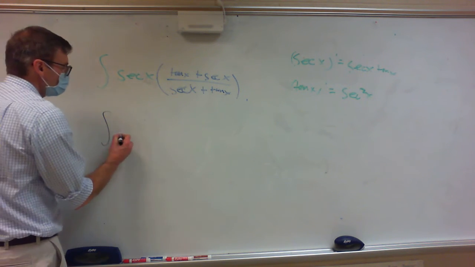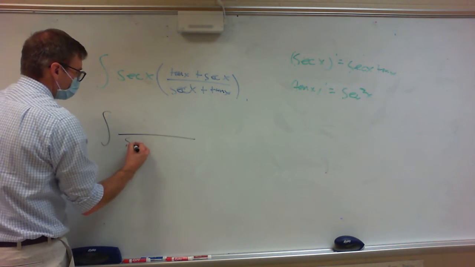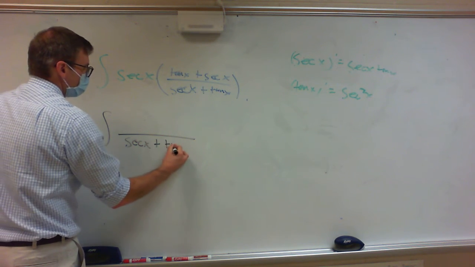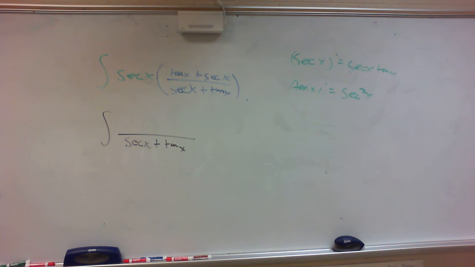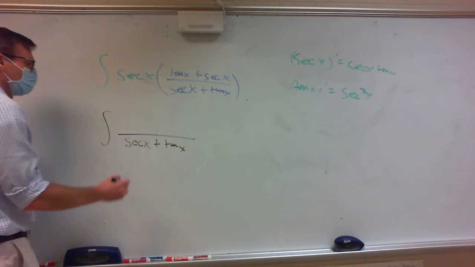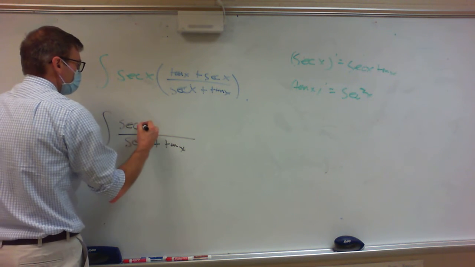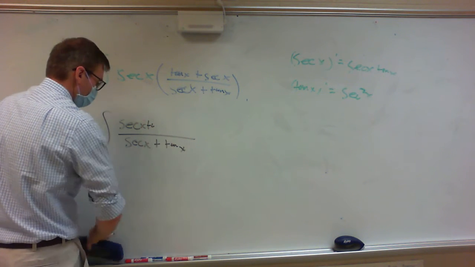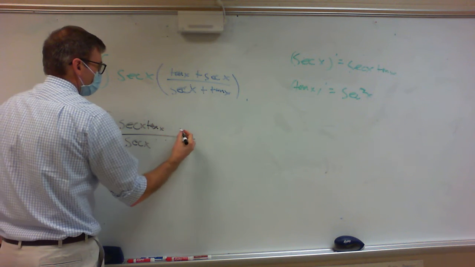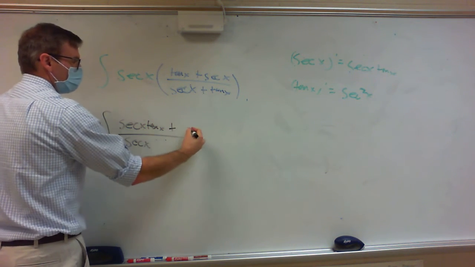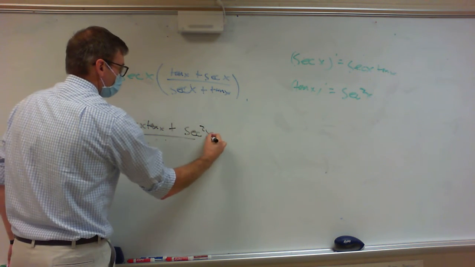So now when we distribute this, let's say on the bottom I end up with secant x plus tangent x. What do you get on top? When you distribute that, what do you get? You end up with secant x tangent x, and then plus secant squared x.